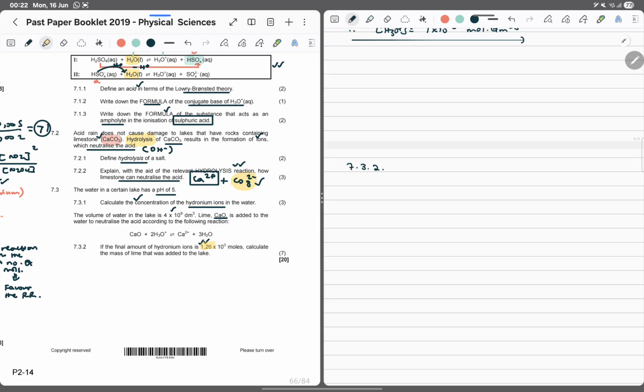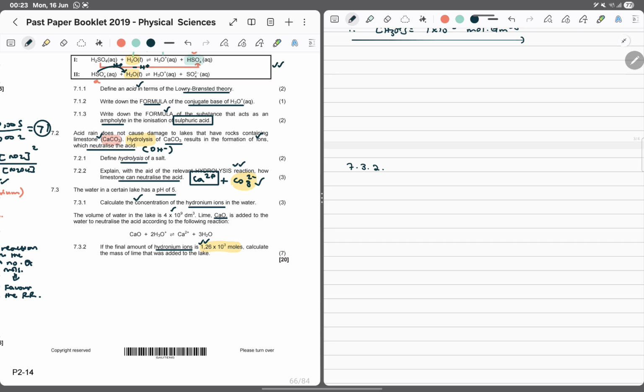And I like the fact that we are given the number of moles, because a concentration would be a nightmare for us if we were given the concentration. But of course, we'd still juggle it, but with some challenge. So the number of moles in the final solution is this one, and it is of the hydronium ions, meaning the resulting pH is acidic.